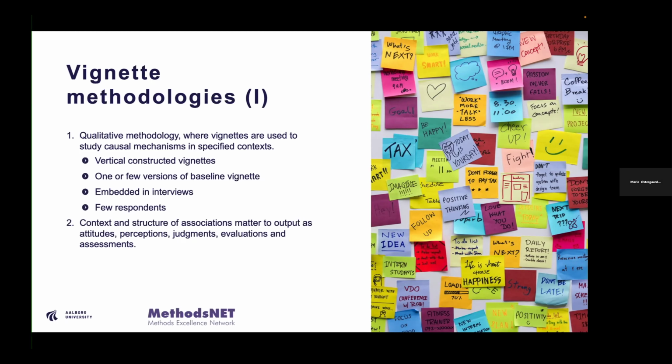And then with the vignette, we suddenly prime the situation and say, okay, here's an example of a particular situation. What do you think about that? So very often they are embedded in interviews, and because we work in a qualitative manner, we spend a lot of time on each respondent, so we have very few of them in our study, at least compared to a survey study.